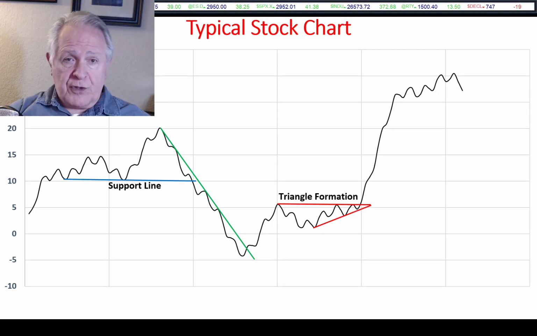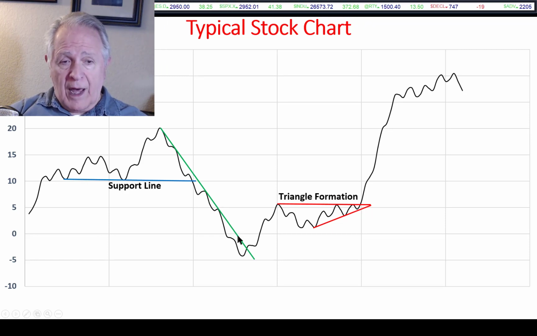This is what appears to be a typical stock chart. You have jaggedy movement, you form a support line, you break the support line, prices go down. In the downtrend, you can draw a downtrend line, place it on the first couple of peaks, and you come up to it a couple of times after that, can't get through.